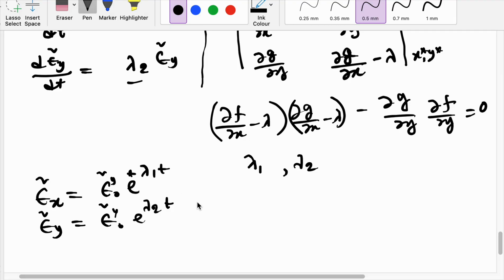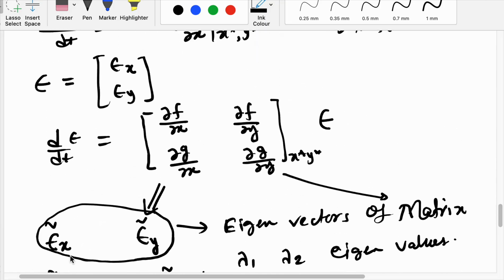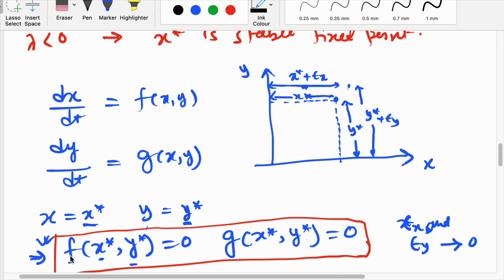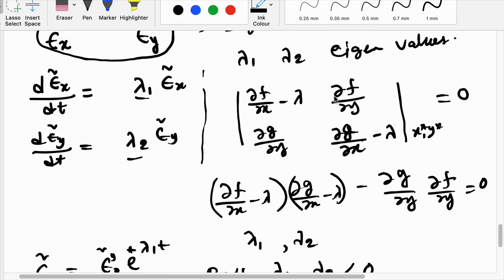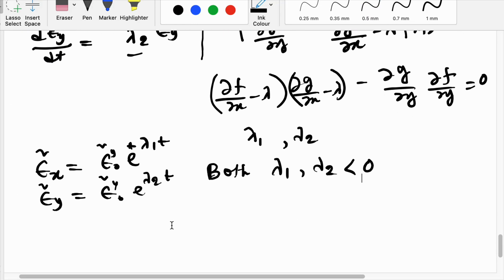Now if both lambda 1 and lambda 2 are less than 0, we can say that the distance between these two points is decreasing to 0, since epsilon tilde x and epsilon tilde y are decreasing.